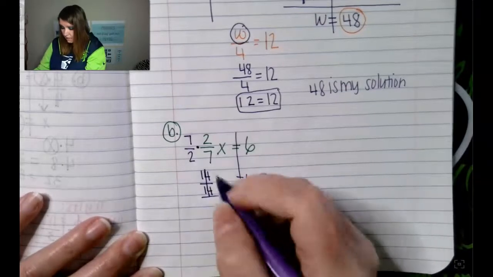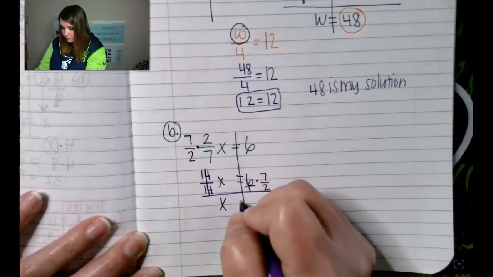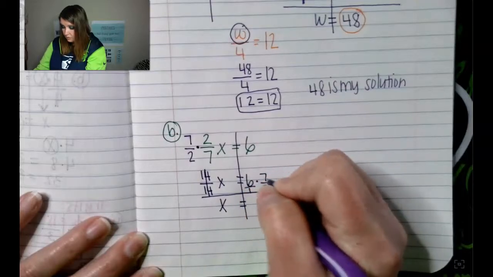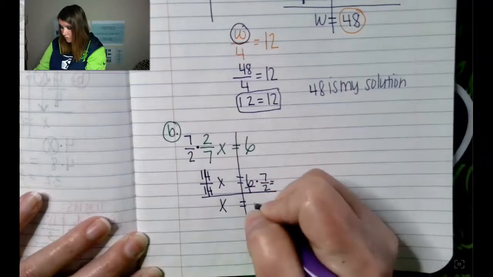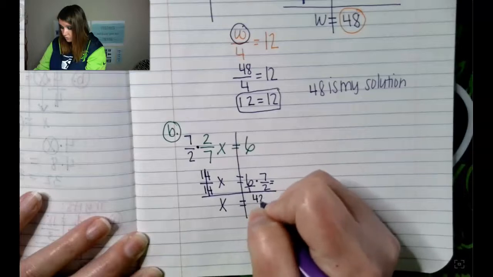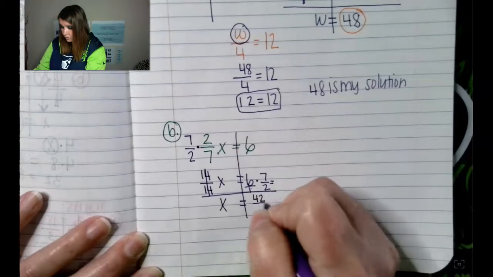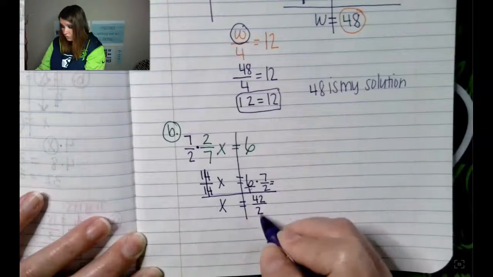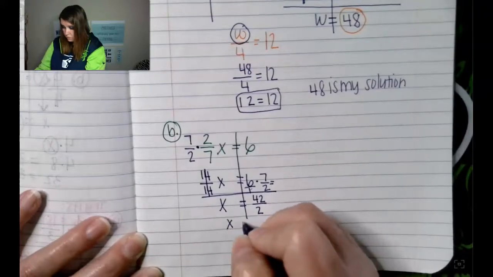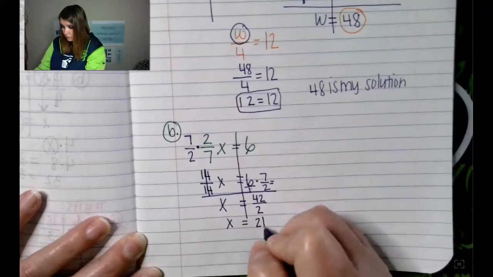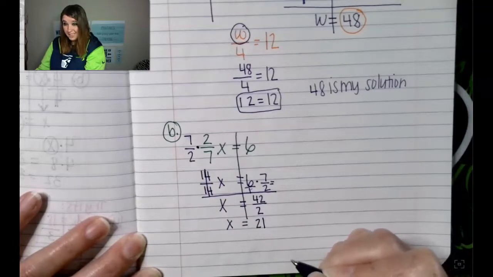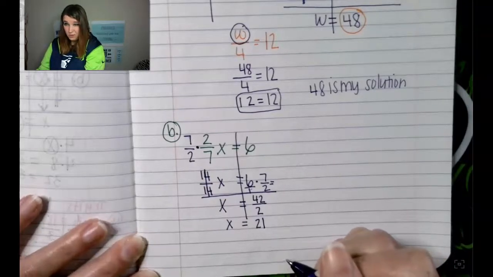So I now have x isolated. 6 times 7 equals 42. And 1 times 2 is 2. Well, 42 over 2 equals 21. So x is equal to 21.